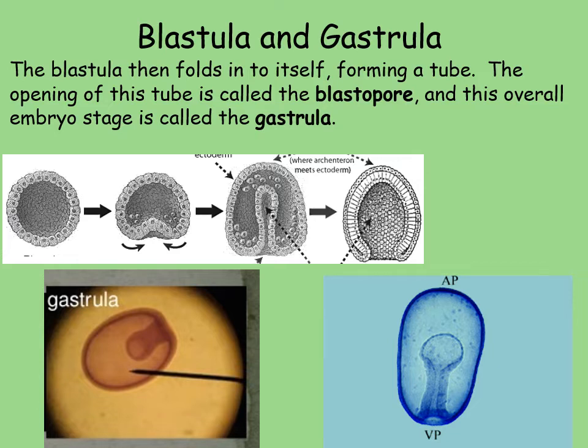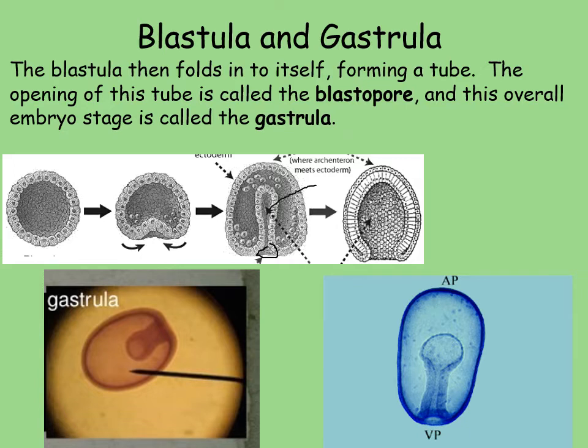So as the blastula develops, as time goes by, it then folds in on itself. As you can see, there's a little indentation, and then the cells fold in, creating a tube. This opening that forms to the outside is called the blastopore. And this overall embryological stage is called the gastrula.